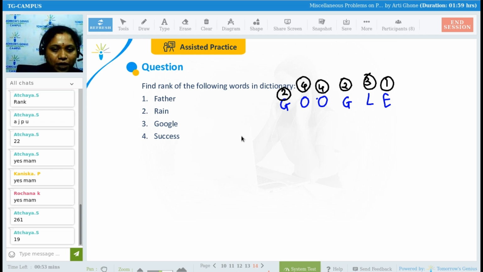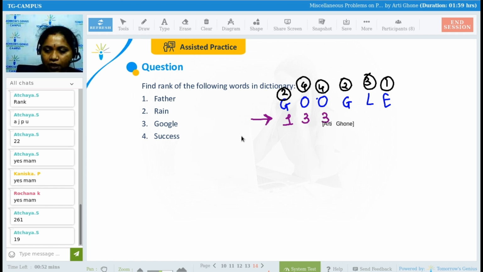Now, how many lesser letters are there, moving from this to this end? How many less than G? Less than 2, there is only 1. Now, less than O, how many are there? 1, 2, 3. 4 is not considered less.